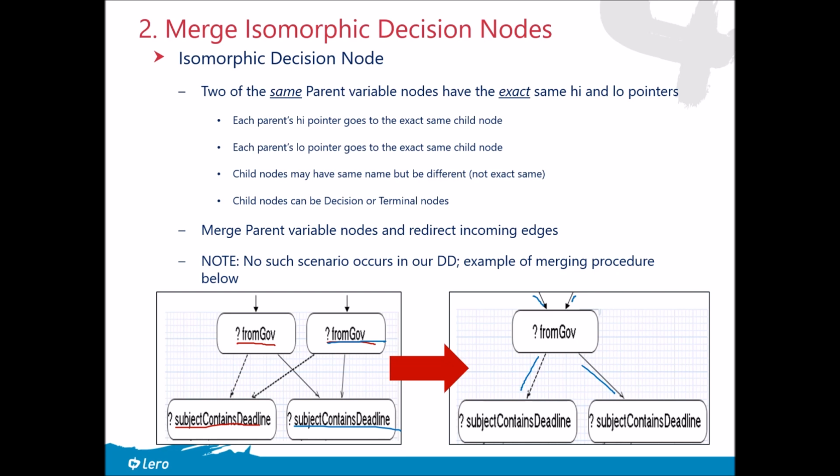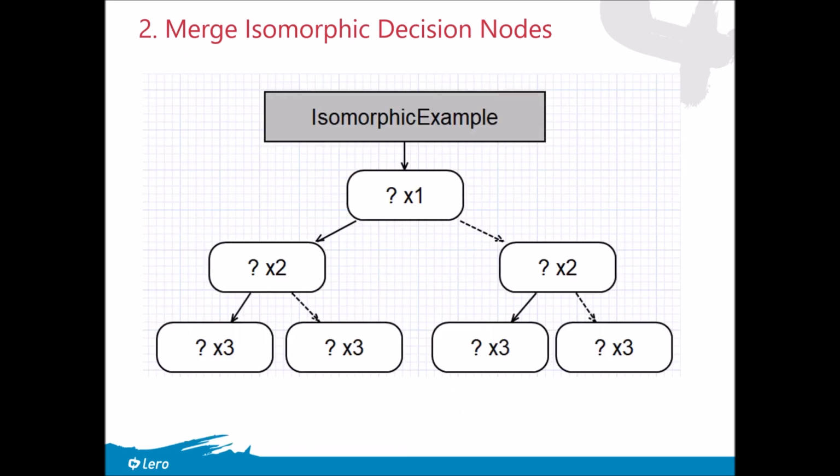Let's go through this in more detail. So what do we mean by isomorphic? Let's take a look at this example. Here we have x1, x2, and x3. We use these variables instead of email urgent, from gov, or contains newsletter, etc. So x1's high pointer goes to x2, x1's low pointer goes to x2, that is fine.